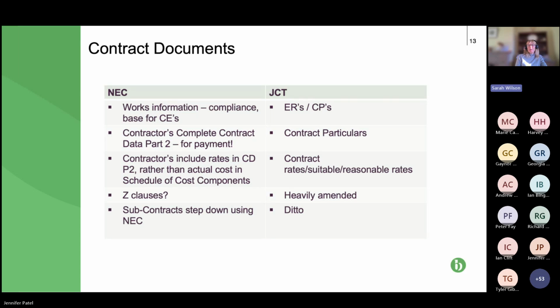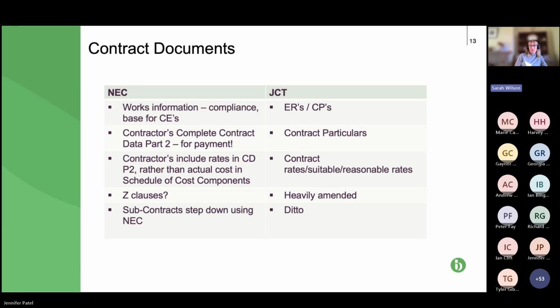Okay, so the contract document. So we've looked at the contract form itself, but it would be a really rare contract in construction where you have a contract that you sign and there are no documents appended to it. Not least because we've got the first bullet point for these two.